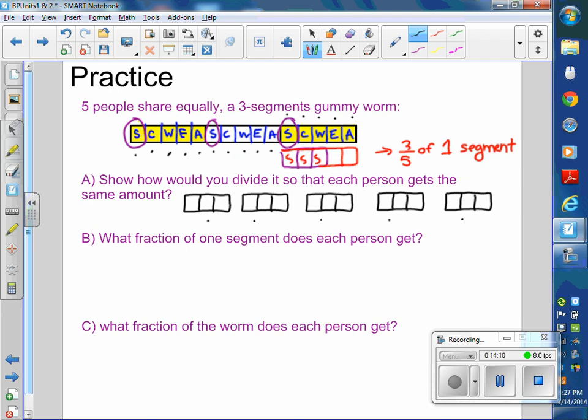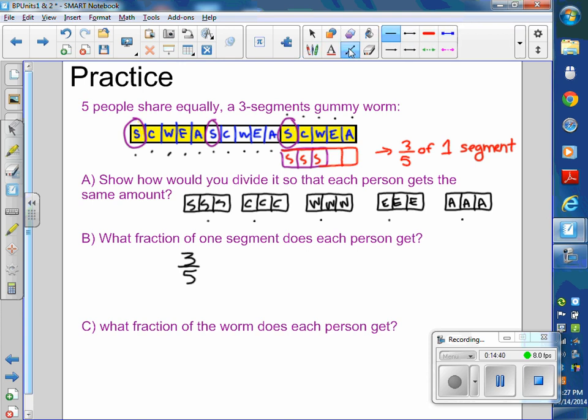So I've just divided it up where Sam gets all of this, Charlie gets this, Will gets these, Abby gets these, and Anna gets these. So that's how you can show it. What fraction of 1 segment does each person get? So they get 3 parts out of 5.